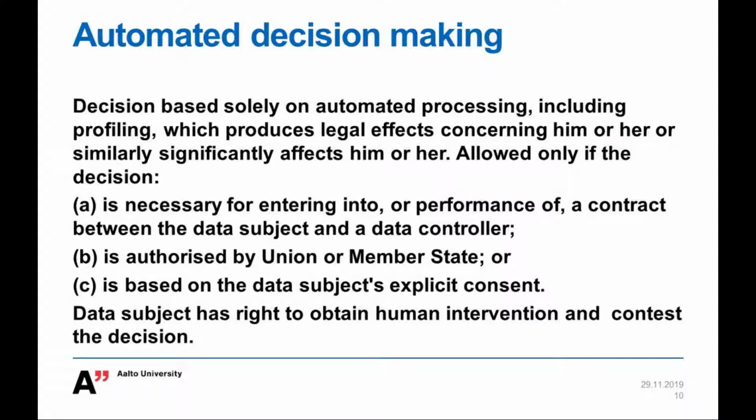These include that it can be necessary for the performance of a contract between the data subject and controller, or authorized by Union or member state law, or based on the data subject's explicit consent. And the data subject always has the right to contest that automated decision, and also to obtain a human person to look at that decision.